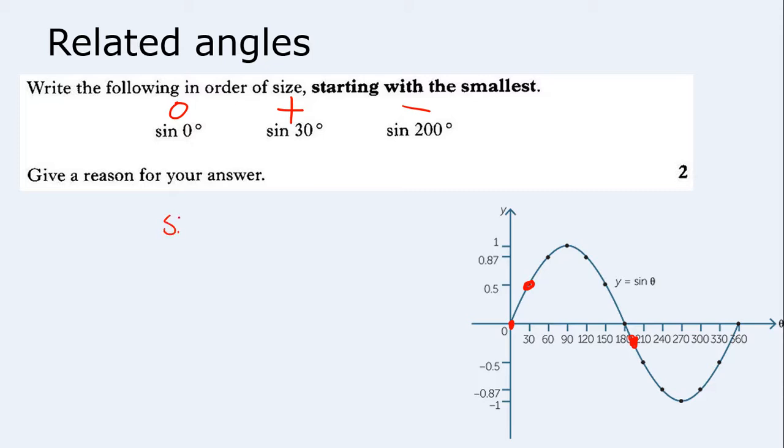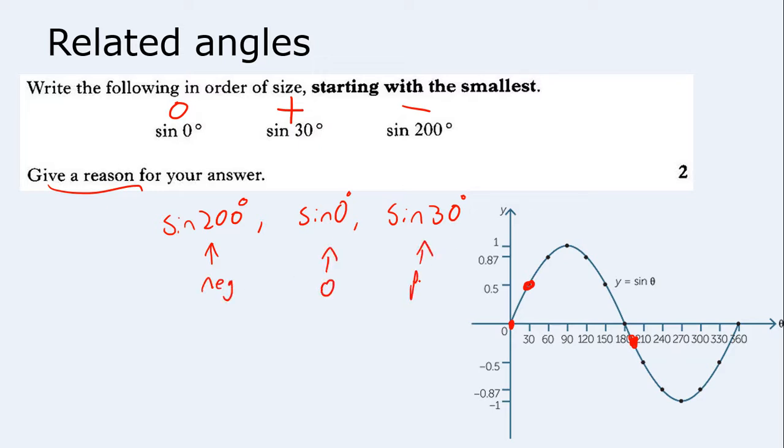So again, that's first because it's negative, that's next because it's 0, and then this is next because it's positive. Okay, it says give a reason for your answer. Your reason would be that's negative, that's 0, that's positive.